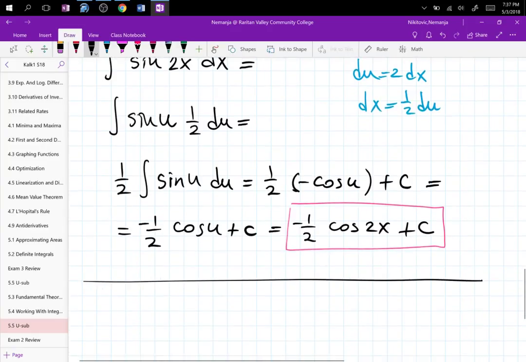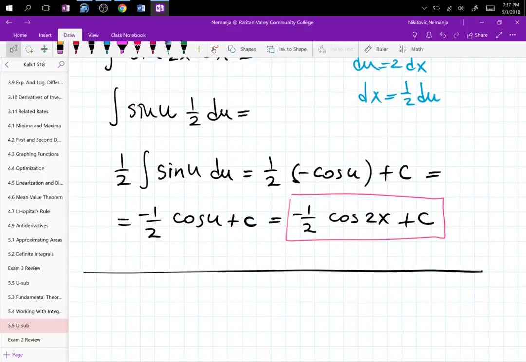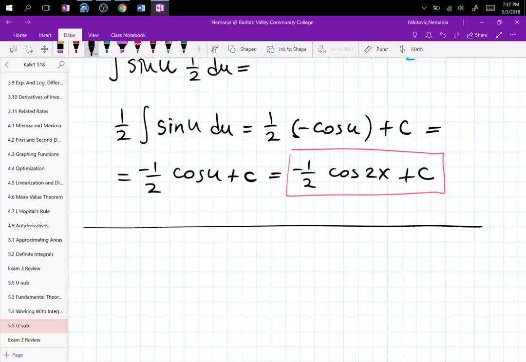But we can have problems like the integral of x e to the x squared dx to work with. Now this is more involved. Look at this again. Do you see that you have two functions? There is a function x and there is a function e to the x squared.